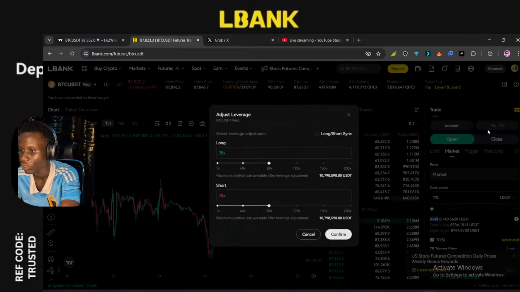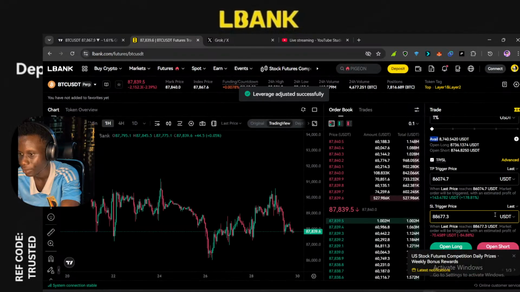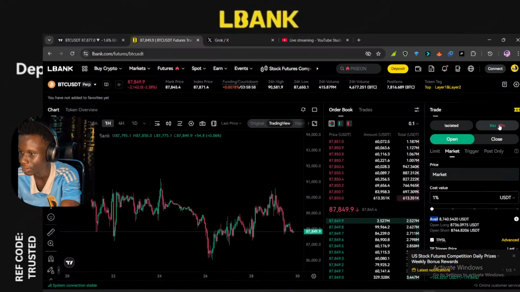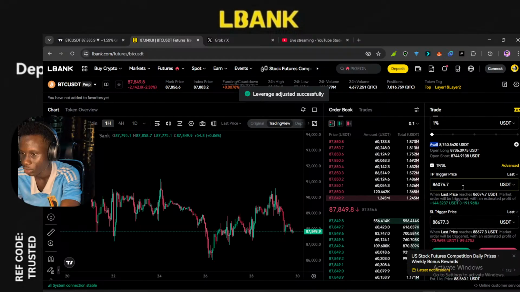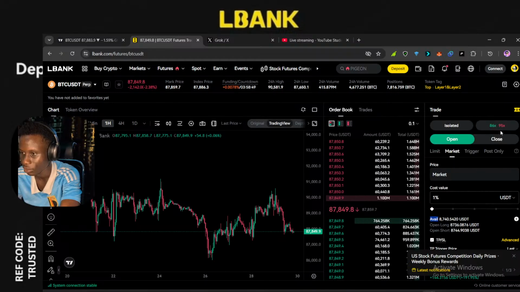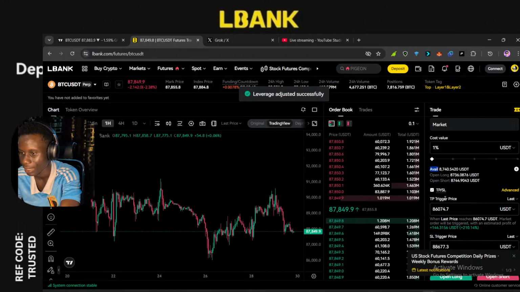I need to move that leverage to size. That's 89, and that's $70. This is how you size your position. You adjust your leverage. 73, that's at 95, 104, and that's 80.